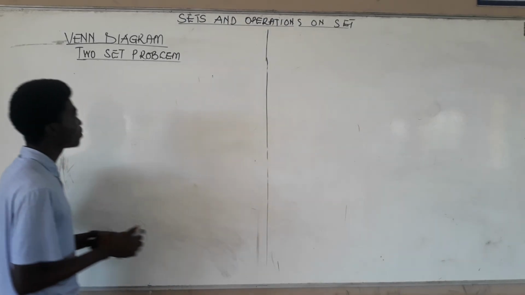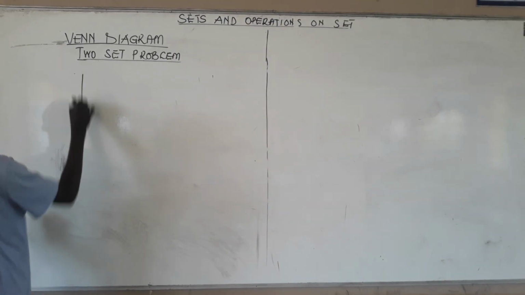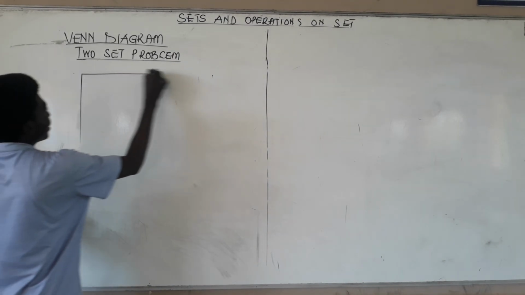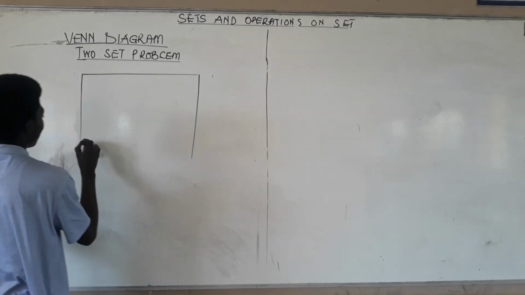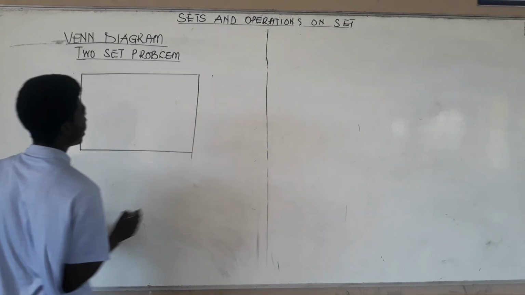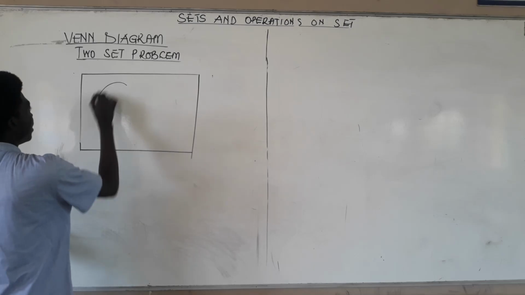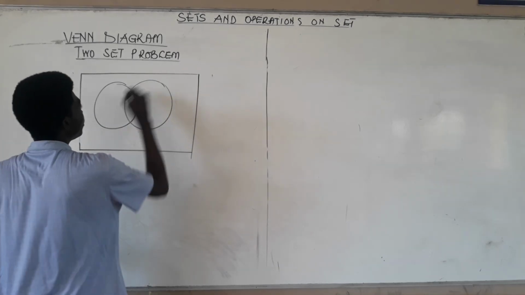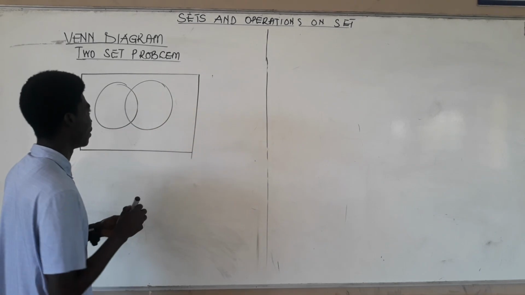To represent a two set problem in a Venn diagram, this is how it's going to look. We have our rectangle here, and in this case, the circles are going to be two because it is a two-set problem.